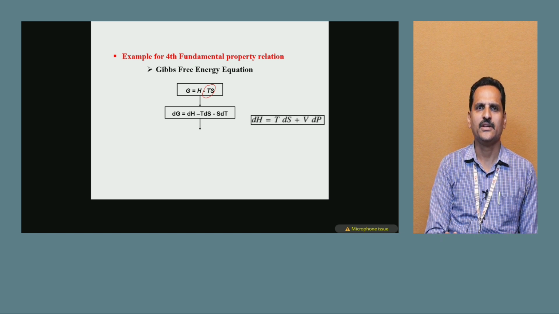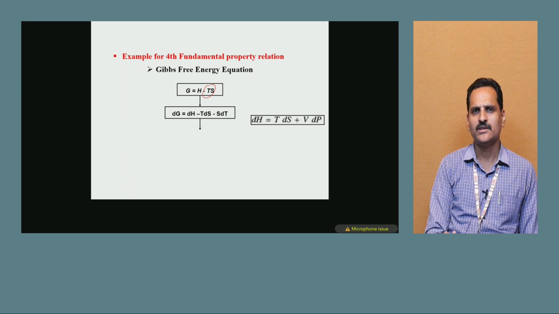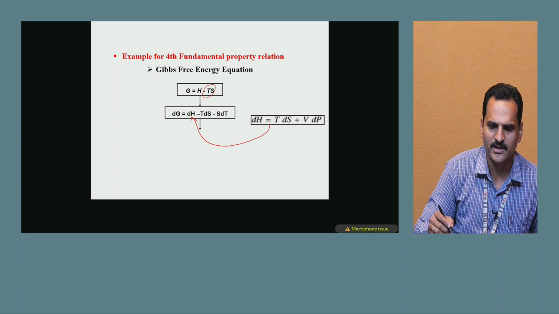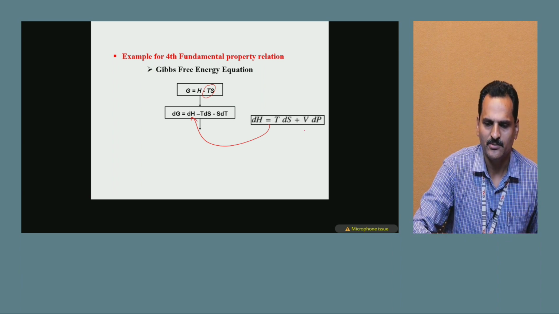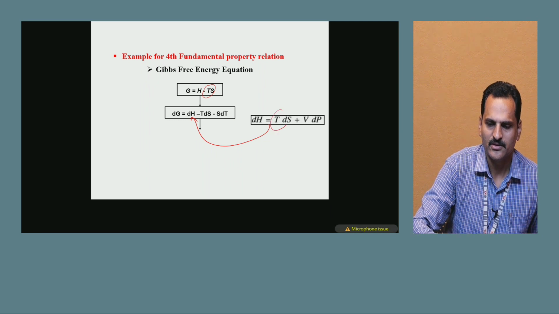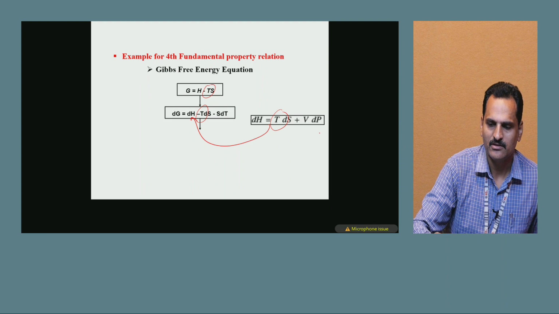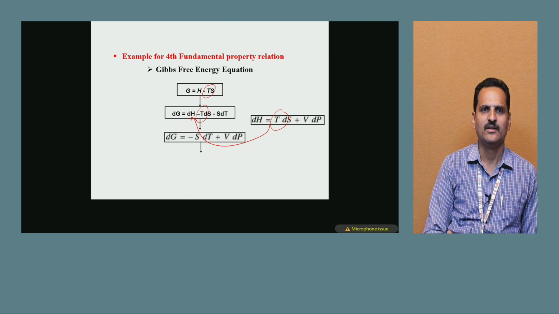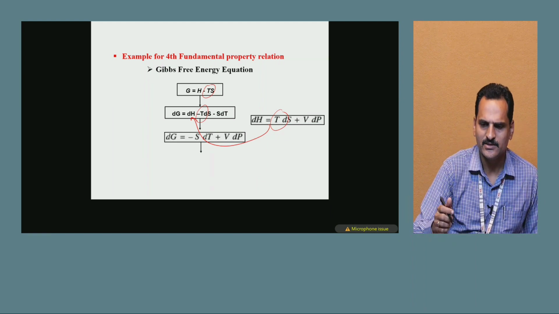So by substituting the previous second fundamental property equation in the place of dH, then TdS plus VdP plus TdS and minus TdS will be cancelled. We can get VdP minus SdT.